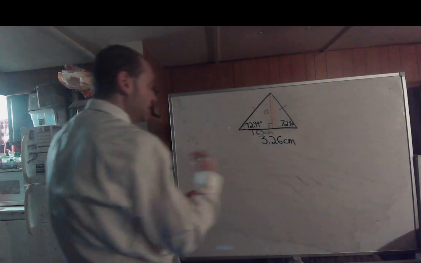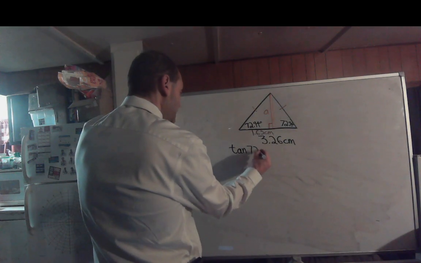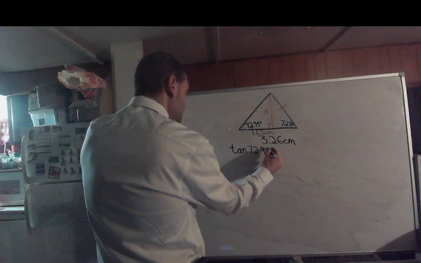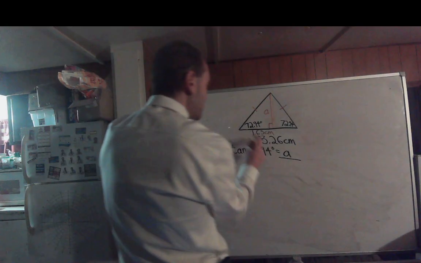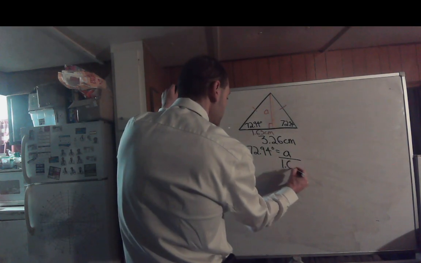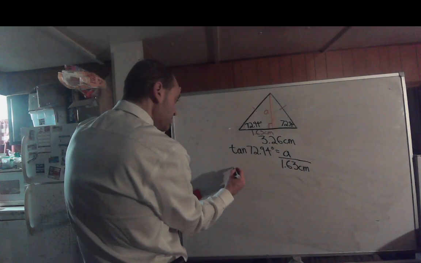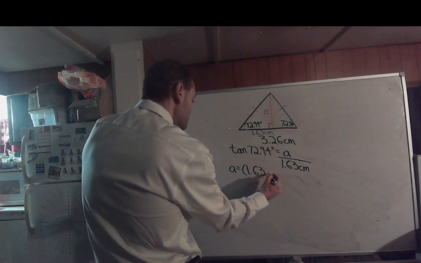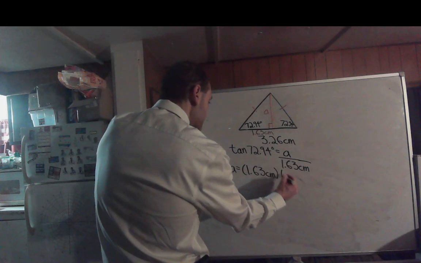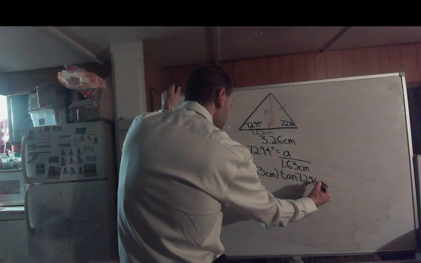Alright, so now we can find the altitude fairly easily. Just take the tangent of 72.94 degrees, set that equal to your altitude A divided by that 1.63 centimeters. So then the altitude equals that 1.63 centimeters times the tangent of 72.94 degrees.